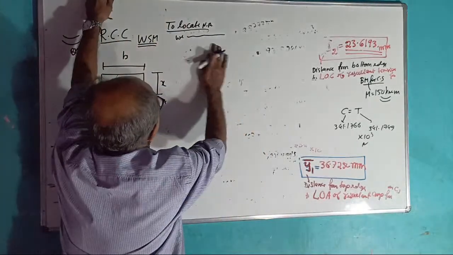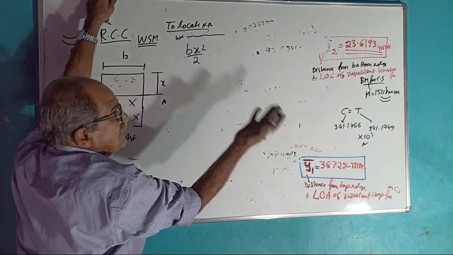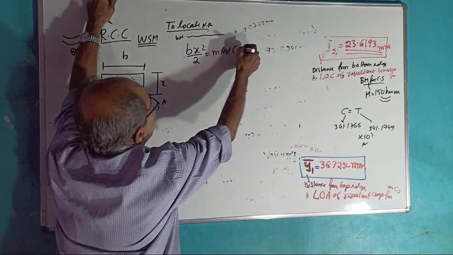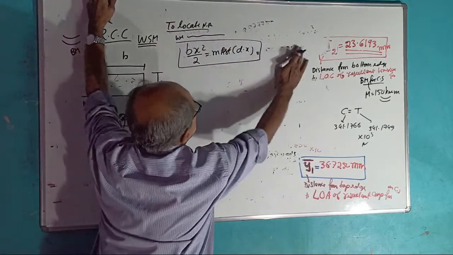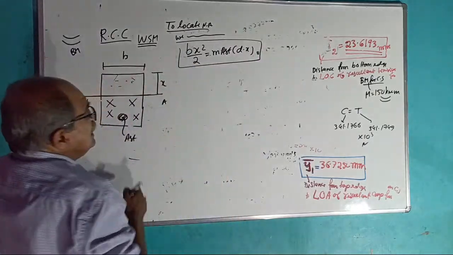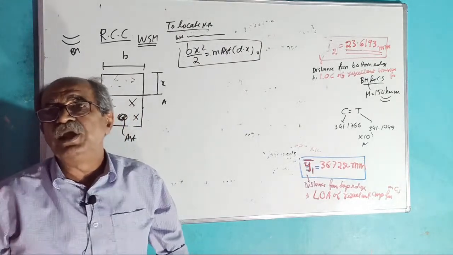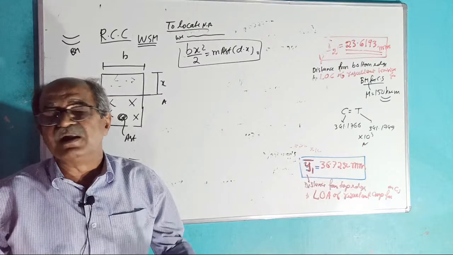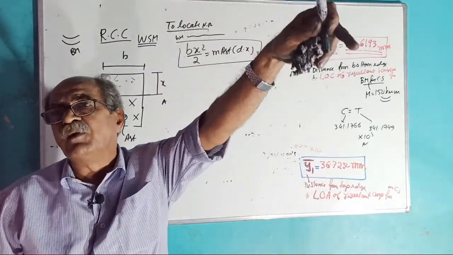The equation you are getting is b x square by 2, you may change the symbol, equal to m times AST into d minus x. See, what m is, I won't discuss here. Yes, this is by equating the moment of the compression area to the moment of the equivalent tension area. Okay, done. That is nothing but locating y bar for our problem.